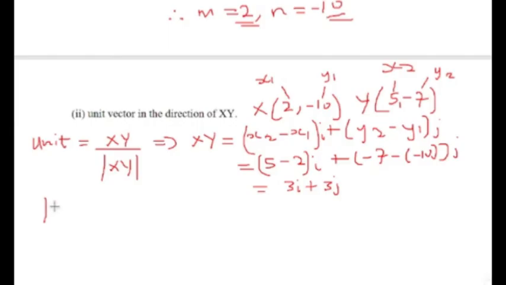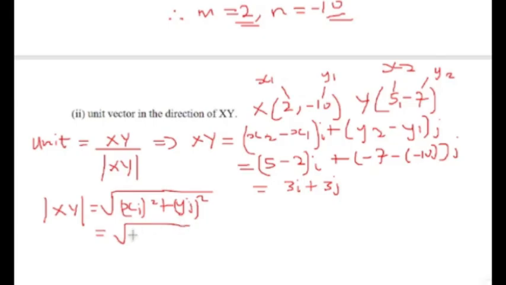So if we want to find the modulus of XY, it simply means the square root of, because basically, let's write the formula. So I'm going to have xi squared plus yj squared. So what do we get here?